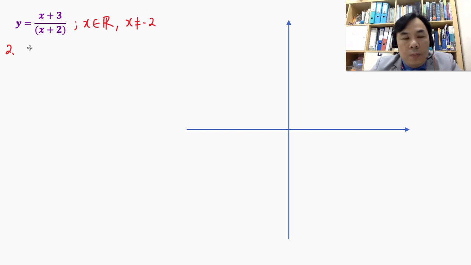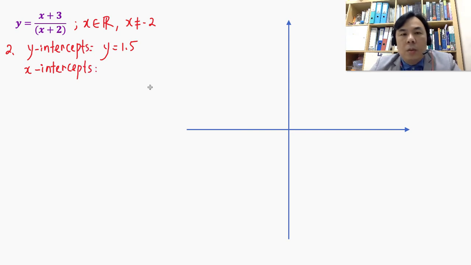You get your y-intercept, so your y-intercept in this case is y equal to 1.5, and then your x-intercepts, I should put an s here just in case. For the x-intercept you let your y equal to 0. So therefore we have x equal to -3.